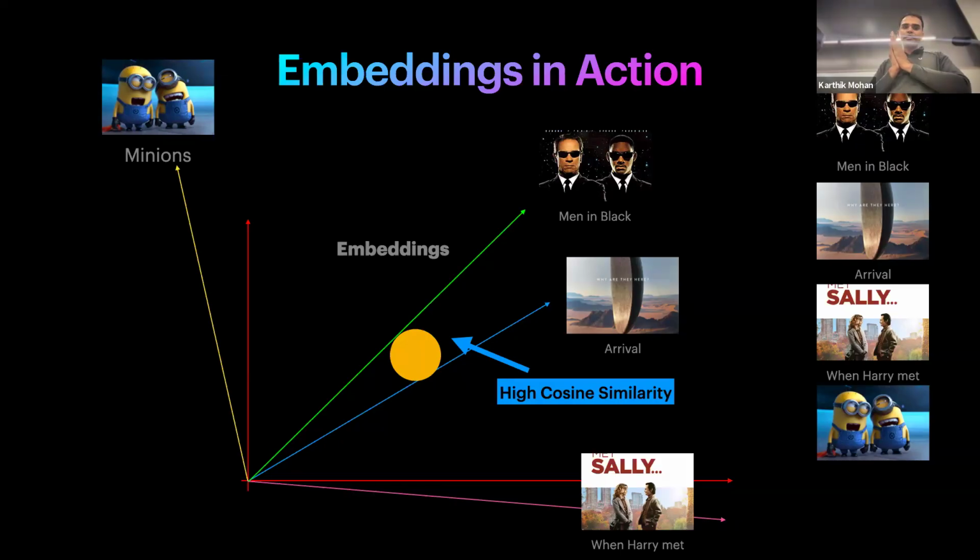So in this case, for example, is Men in Black similar to Arrival? Let's look at the angle, okay? If the angle is small, is cosine high for a small angle, or is it small for a small angle? It's inverse, right? Sine is high if the angle is high, but cosine is actually inverse.